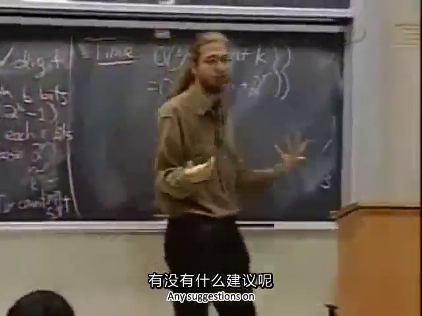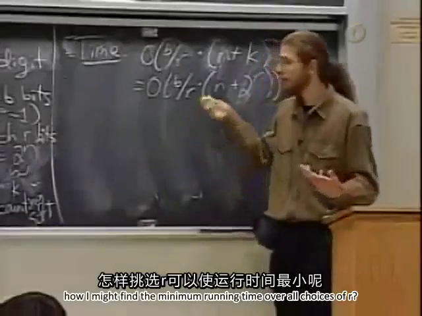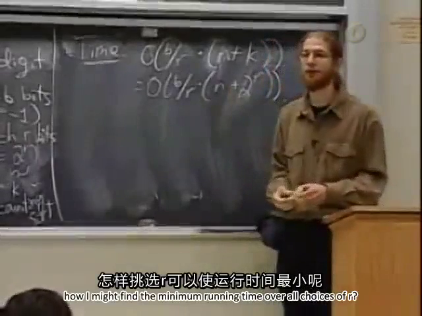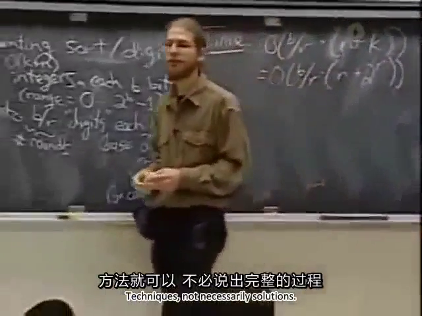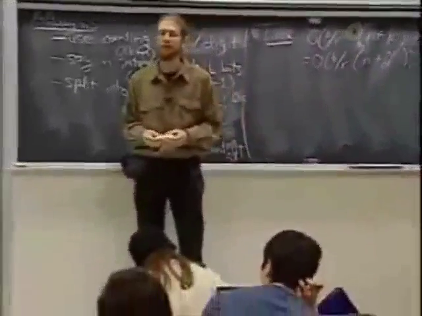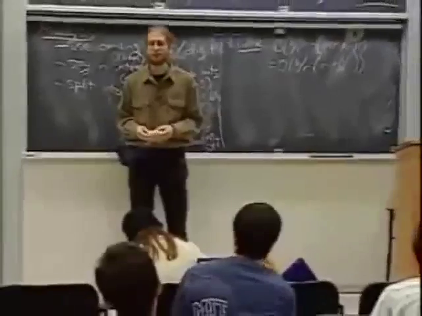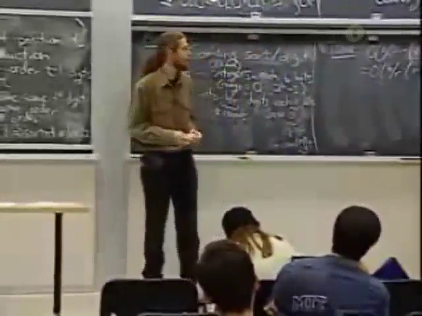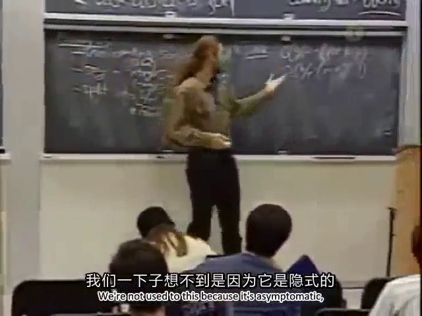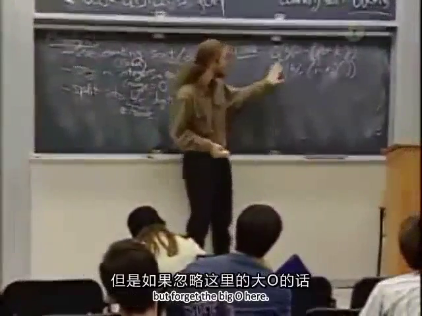So any suggestions on how I might find the minimum running time over all choices of r? Techniques, not necessarily solutions. We're not used to this because it's asymptotic, but forget the big O here.